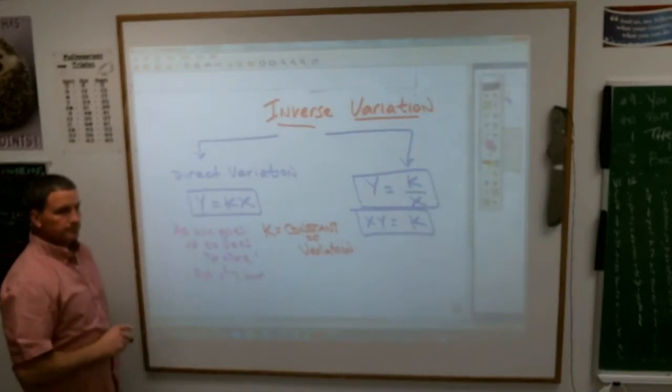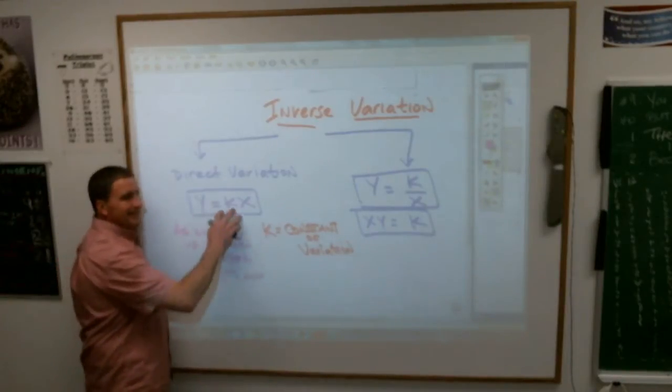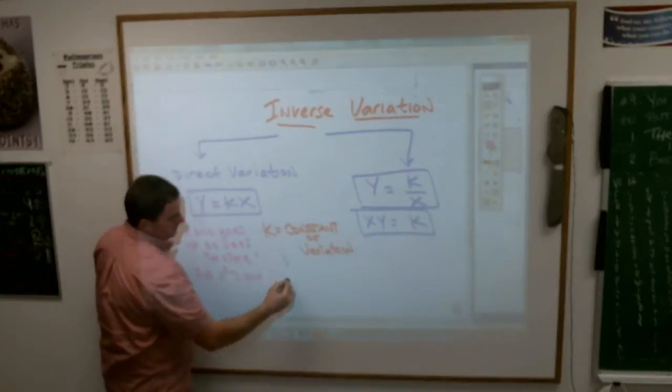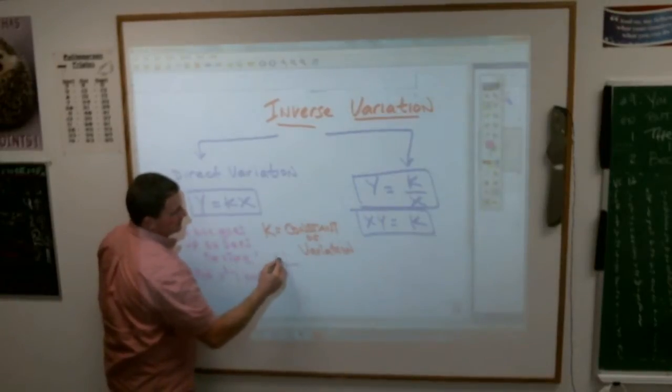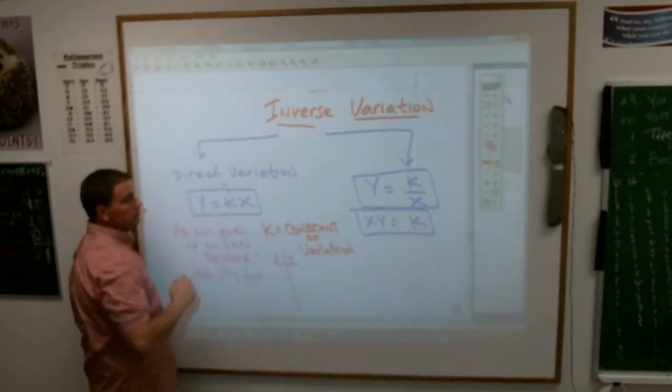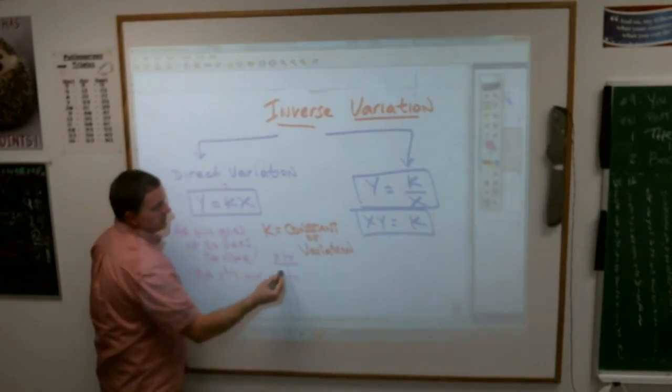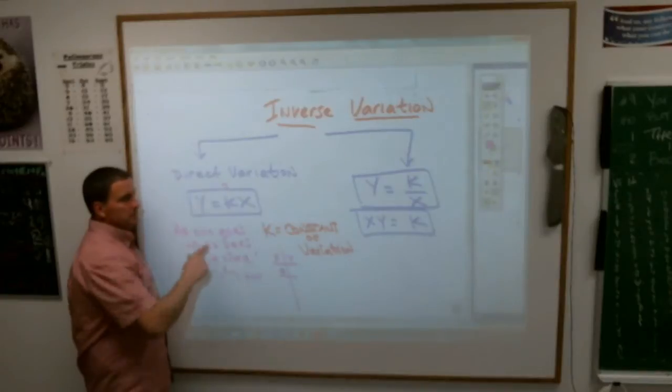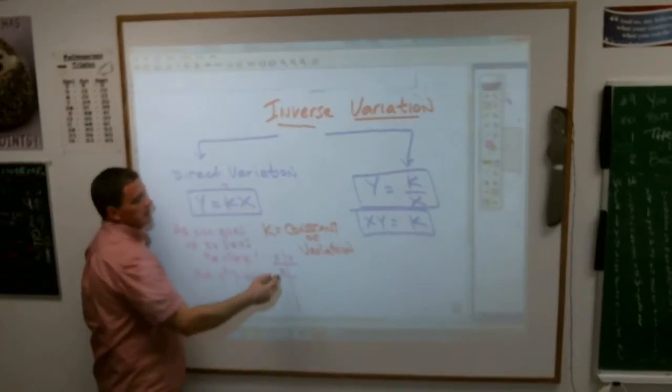Okay? That would mean if I made a table of my direct variation, x and y, the constant of variation is 7. If I work 0 hours, I get paid 7 times 0 is $0.